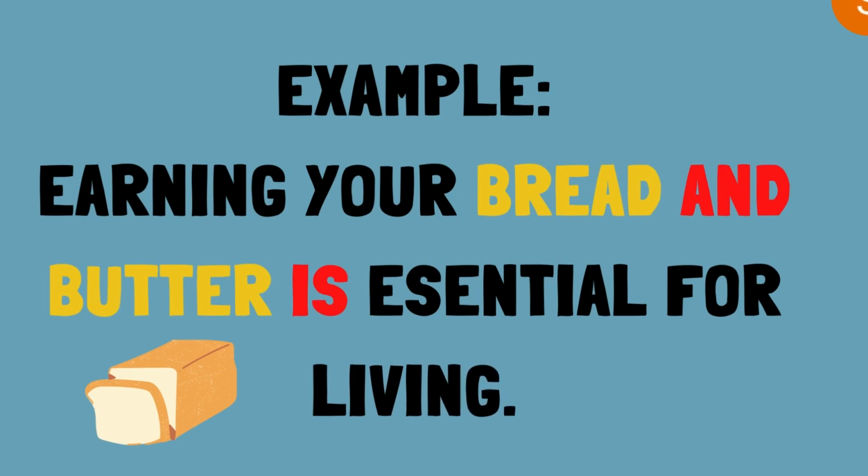In this example, you can see, though two subjects are there, bread and butter, still we are using the singular verb is. Why is it so? As I've already explained, when two things come together and express one idea, then we use a singular verb.